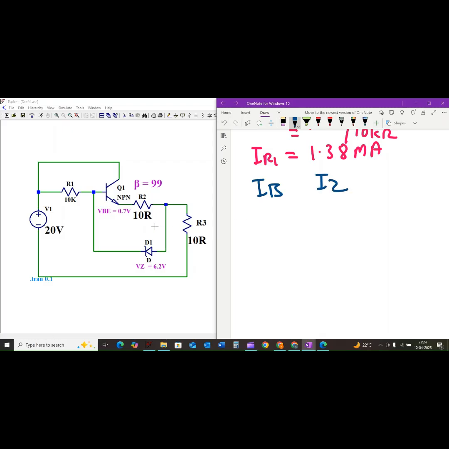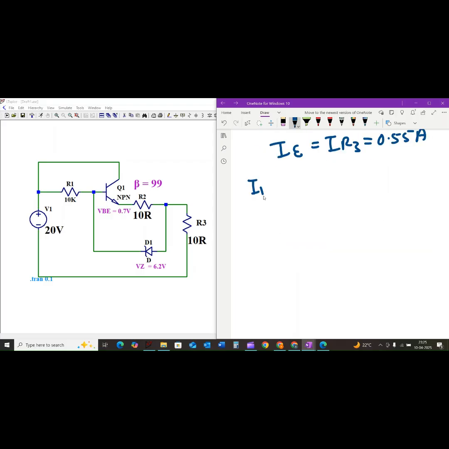We know the relationship between the emitter current IE and the base current IB is approximately IE equal to beta plus 1 times IB. Since IE is equal to IR3, which is equal to 0.55 amps, we can find IB.